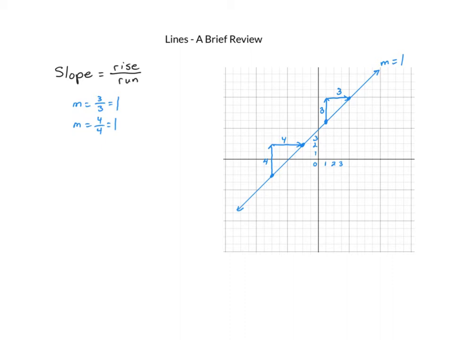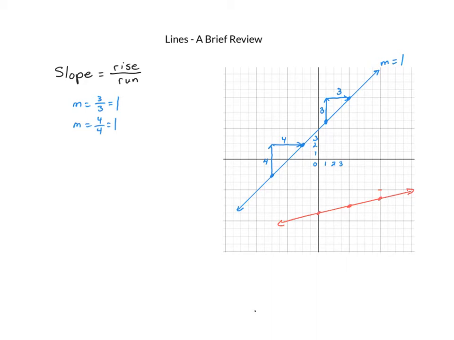Let's draw another line. I'll have it go through this point and then this point and this point right here. So if we draw a line that goes through those points, we would have a line that looks like this. Let's calculate its slope.